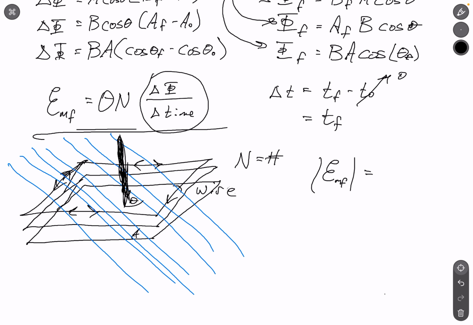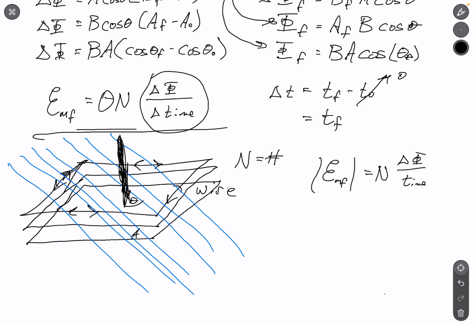Just don't even think about it. You go through and you say, okay, how many loops do I have? What's my delta phi? I already figured that out. What's the amount of time that took? We do. And the EMF we can find. Okay, so we find some EMF.